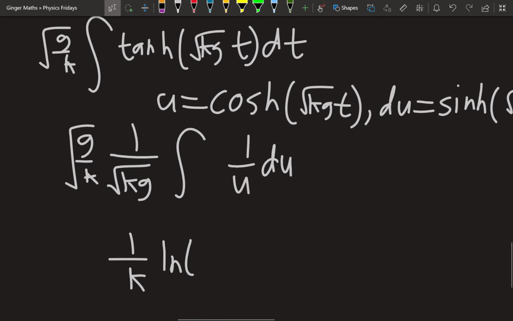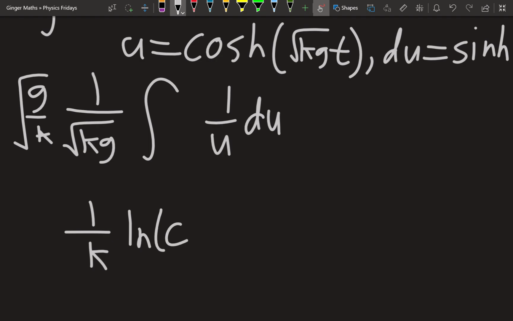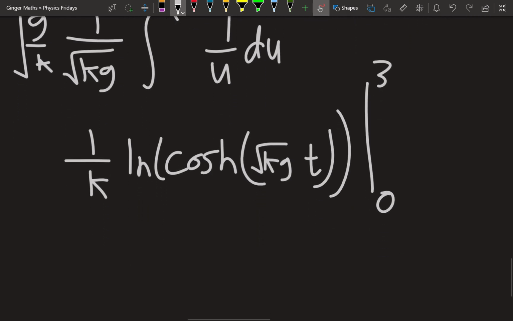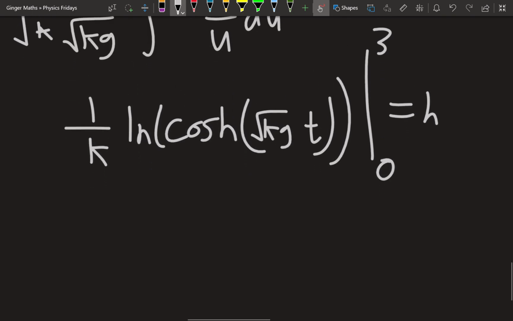Once we plug in, u is just defined to be cosh, so we have natural log of cosh of the square root of kg t, evaluated from 0 to 3. And it's going to be our height. If we plug in 3 here, we just get a number, but I'm more interested in the 0.